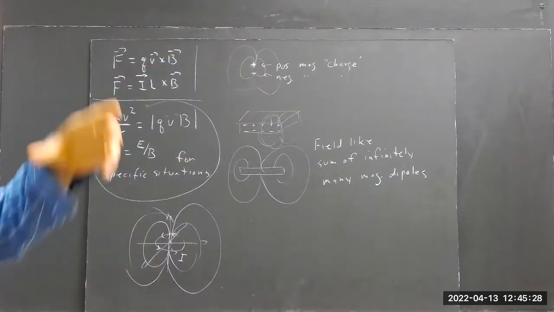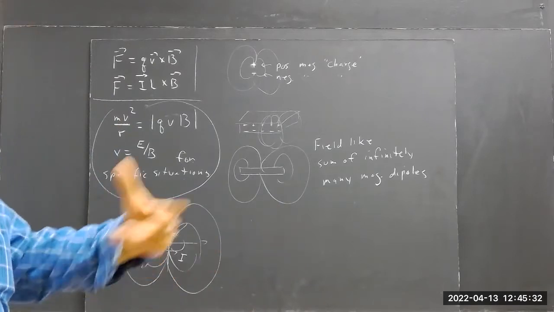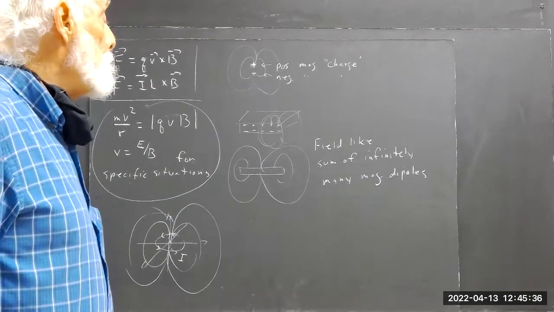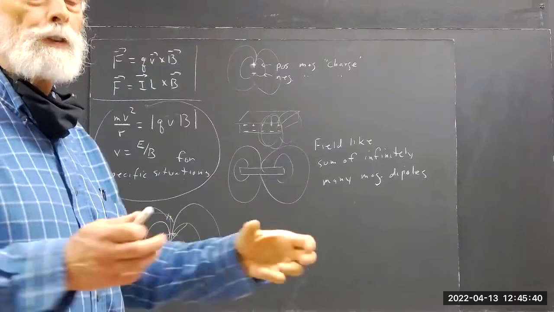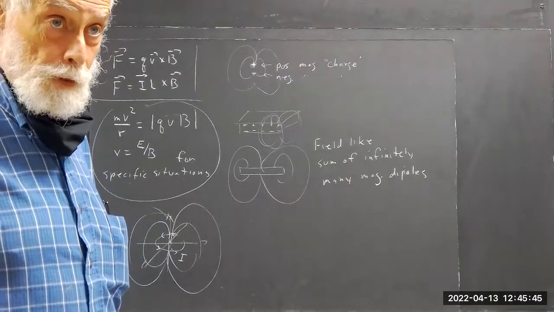Now, one difference between magnetism and electricity, electrostatics specifically, is that there are no separated positive and negative charge. You can't separate positive magnetic charge from negative magnetic charge. Okay.